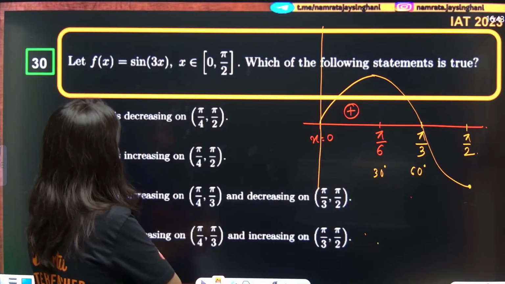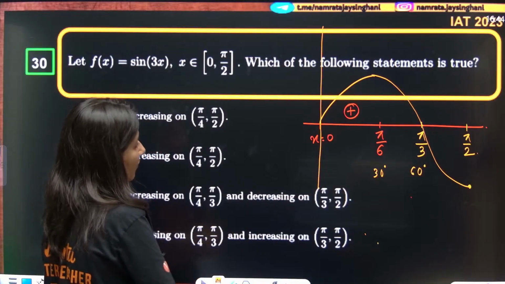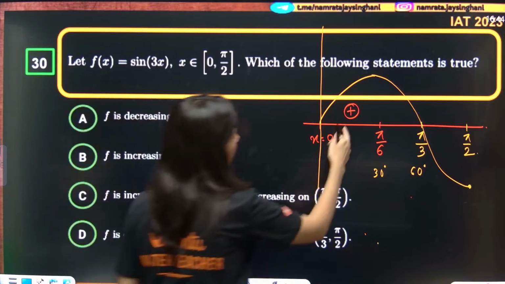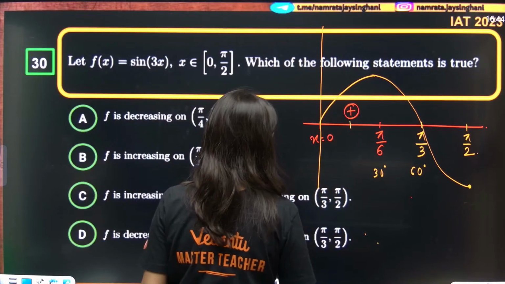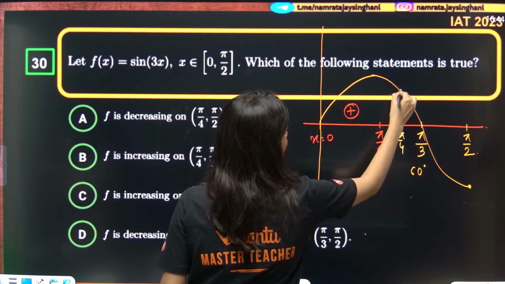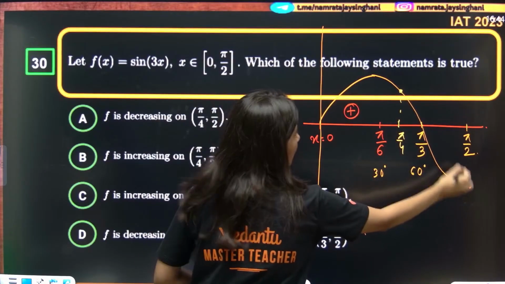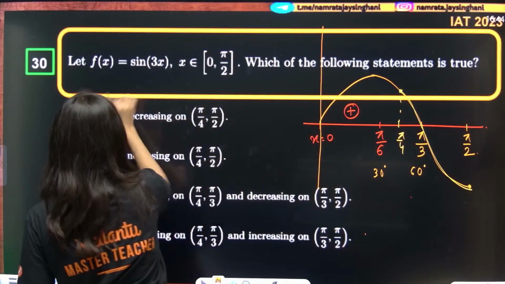F is decreasing on pi by 4 to pi by 2. So here will be pi by 4. 45 degree? No. Here will be pi by 4, correct or not? So this is your pi by 4 and this is your pi by 2. Clearly my function is decreasing between this. Option A is wrong.